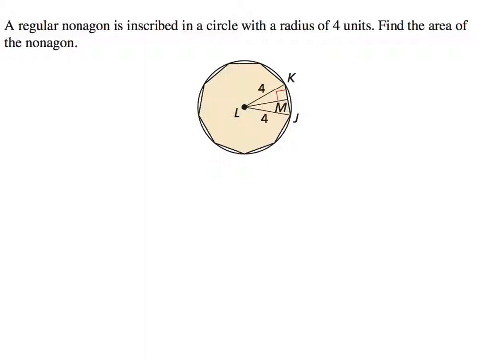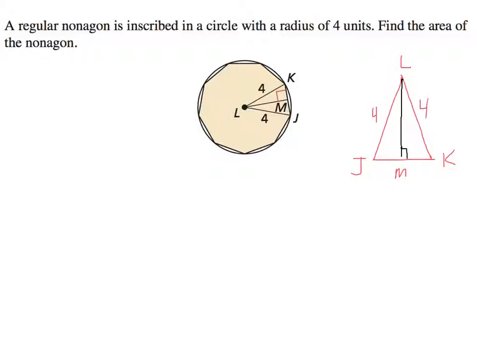I'm going to draw that triangle, which is isosceles, L, K, and J, with an altitude, or in this case also an apothem, of segment LM, and we know these are 4.